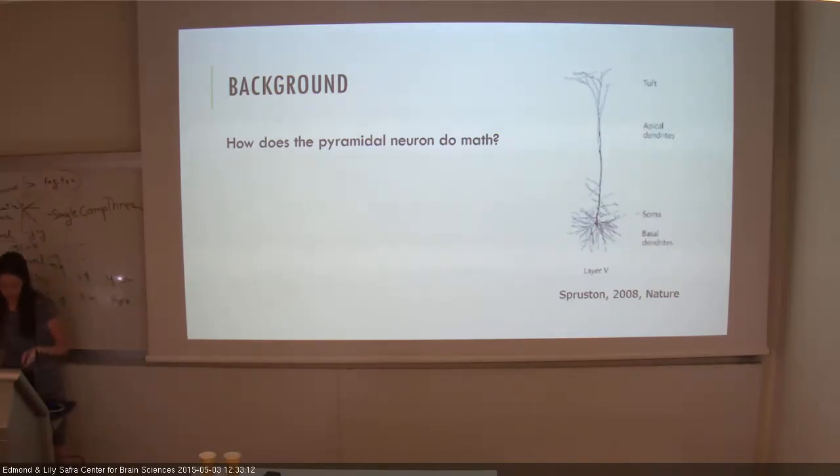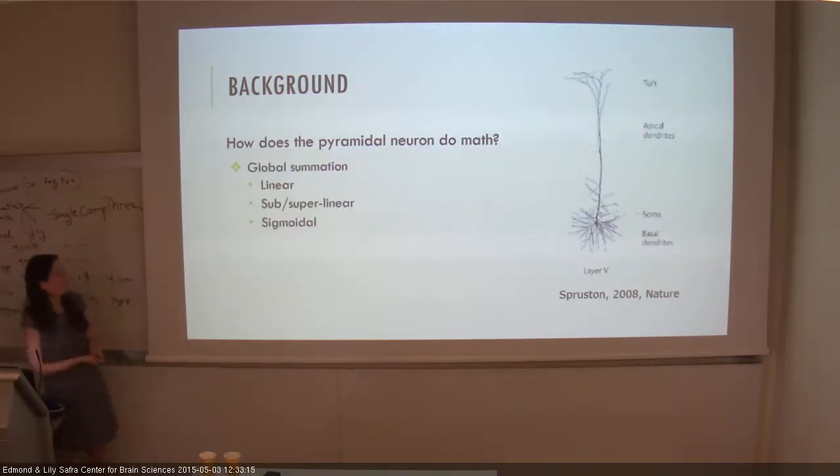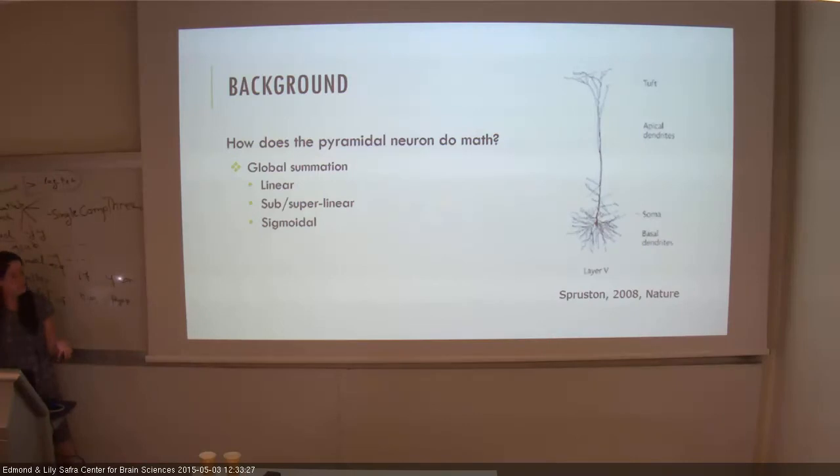One of the main theories that existed at that time, and I'm not sure if anyone uses it up to now, is global summation. Global summation basically means that the cell body doesn't really care where it gets its inputs from.